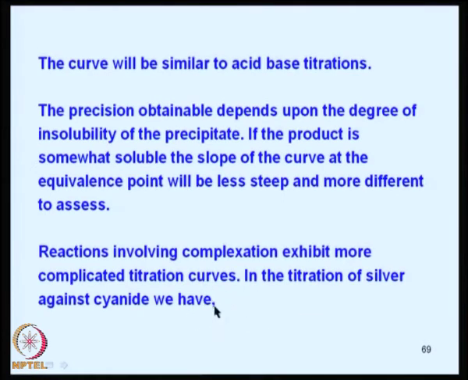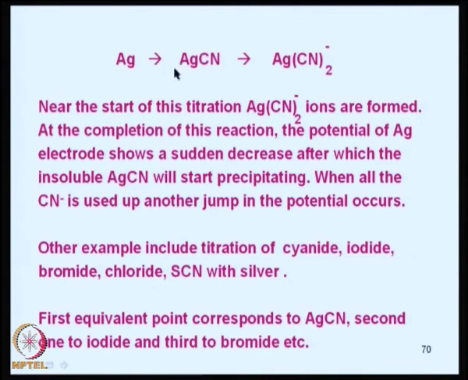In the titration of cyanide against silver, if we consider, you will see that we have a reaction going like this: silver forming AgCN precipitate, followed by again it dissolves forming Ag(CN)2 minus. That means, if you start the reaction, take the cyanide and add silver plus, more of cyanide is at the bottom, less of silver is there.